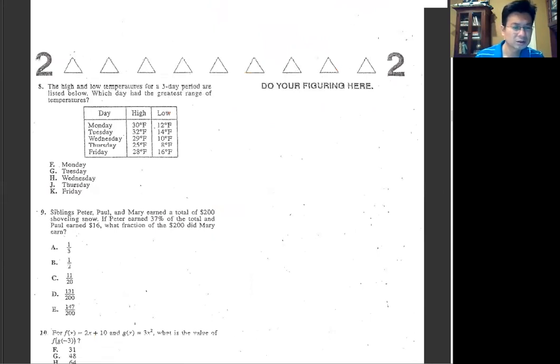Next, the high-low temperatures over a period. On which day did they have the greatest range of temperature? Range is the difference, so which difference is the greatest? The first one is 18, 19, 17, 12. So 19, Wednesday.